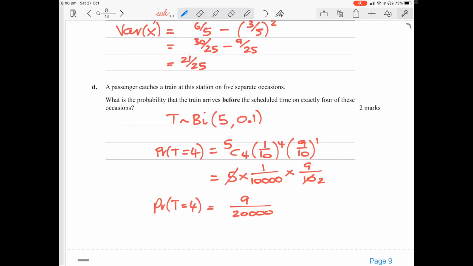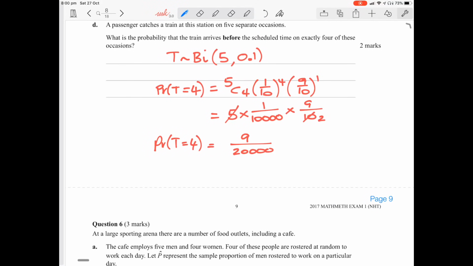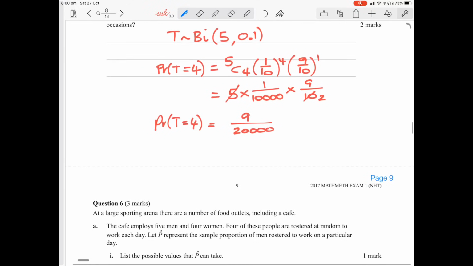So T equals 4 is 9 on 20,000, so that's the chance that the train arrives before on exactly 4 of those occasions.